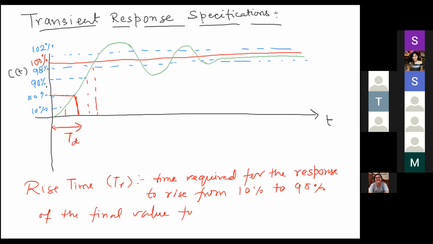This applies to an over-damped system, and 0 to 100% of the final value for an under-damped system.